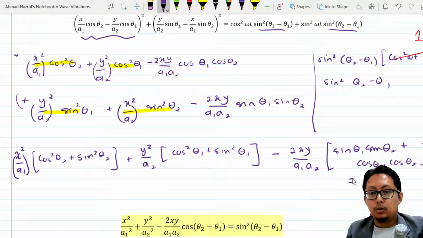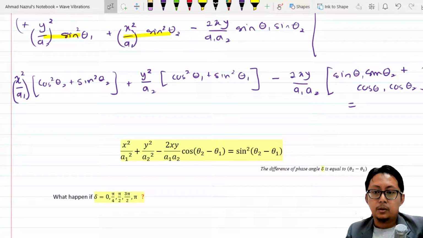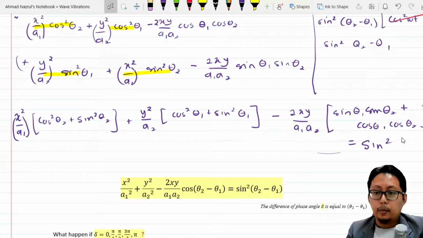All of this equals sine square theta 2 minus theta 1.